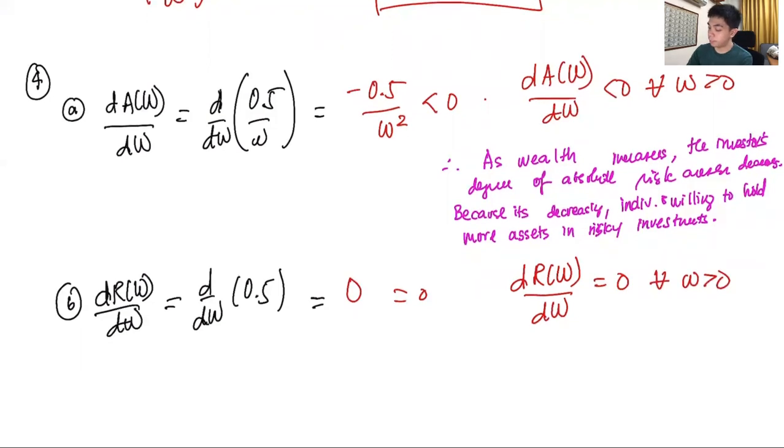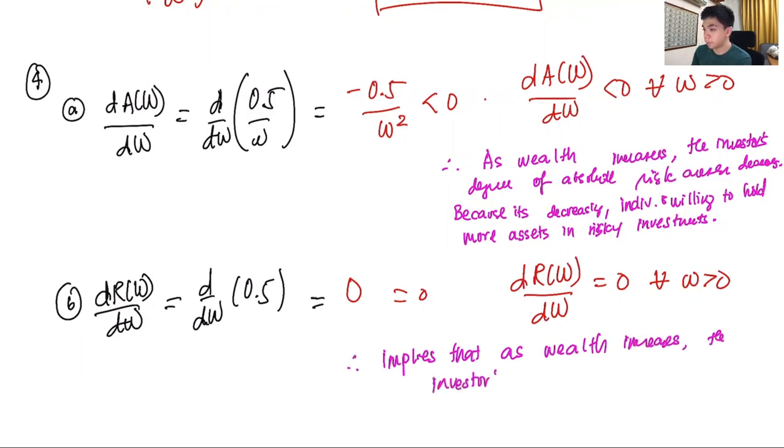So what does this imply? It implies that as wealth increases, the investor's degree of relative risk aversion is unchanged.